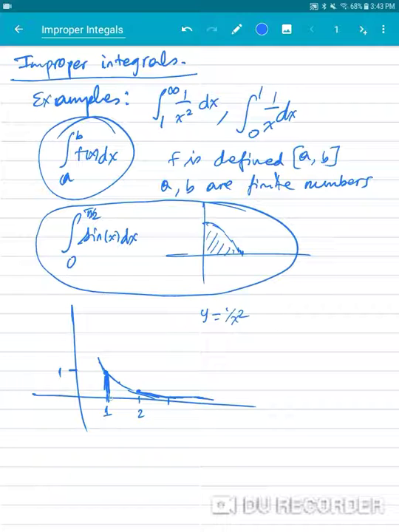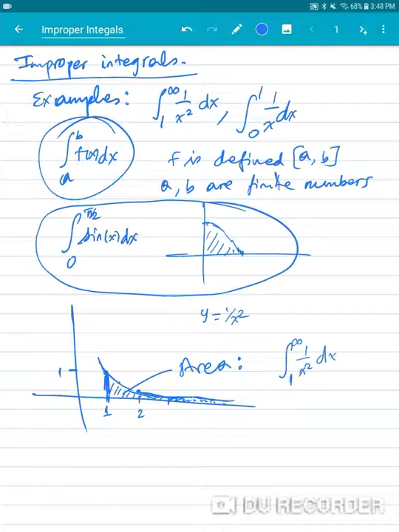Someone might ask, if you try to find the area, does it approach a finite value? So the question comes, how do we find the area? We tend to integrate from 1 to infinity of 1 over x squared dx. That's why this kind of question comes up.